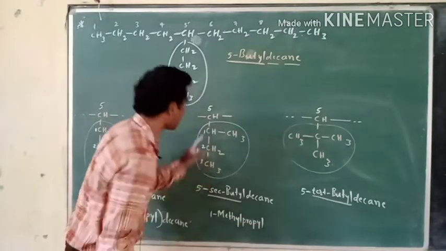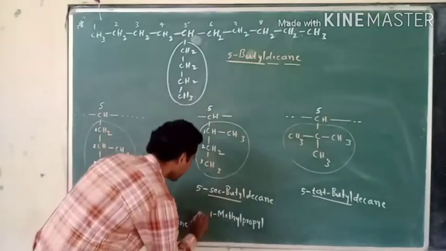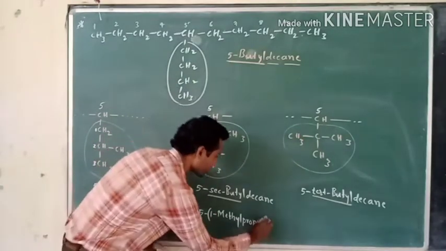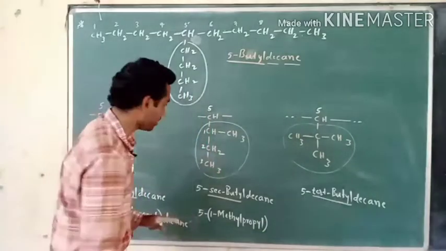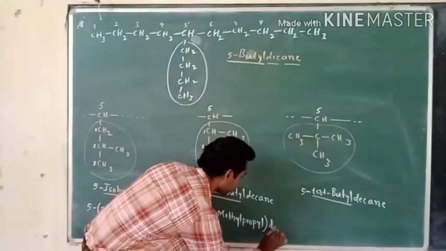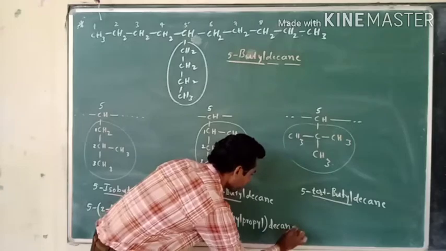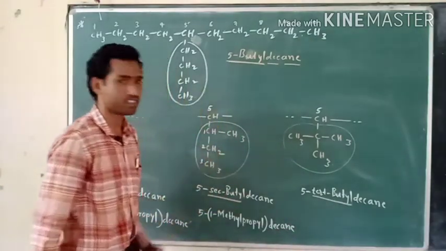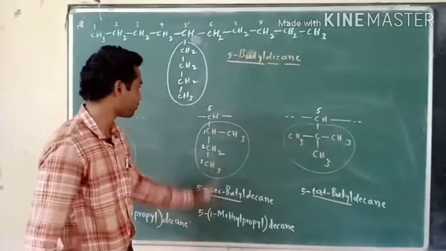Whole thing is a substituent, therefore yl. It is attached to the main carbon chain at the fifth position, 5. This whole substituent name is written within the parenthesis. So next is dec. Dec is the root word, ane is the primary suffix. This is the systematic name of this molecule.